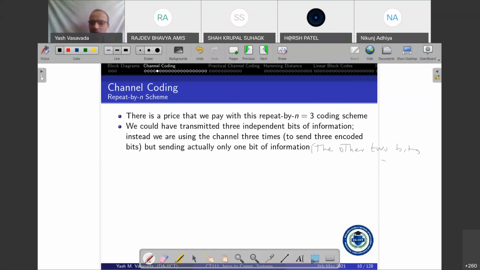Sir, will this repeat by n scheme also work for n is equal to 2? It will work, but not as well. Yeah, because 1 0 and 0 1 have same probability. Exactly. And typically in repeat by n, n is kept to be an odd number.